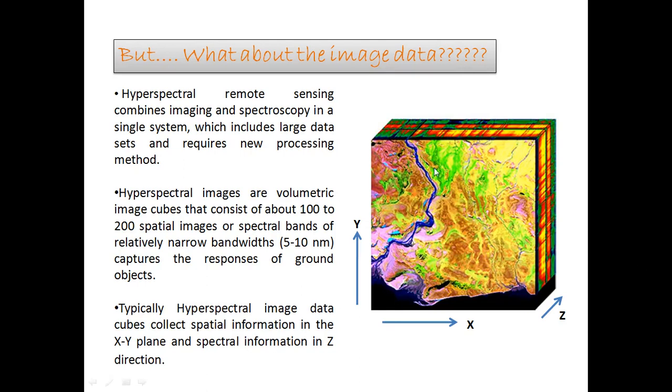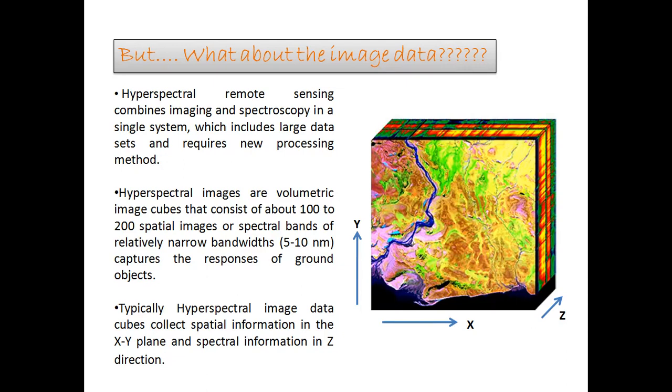Suppose it is the hyperspectral image data cube, and this is x and y, and this is the z direction. Along this x and y plane, the spatial information can be stored, meaning the height and width of the tile or the pixel size, and along this z dimension we can get the spectral information about the bands.